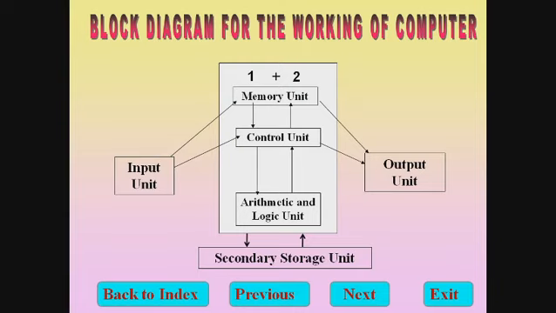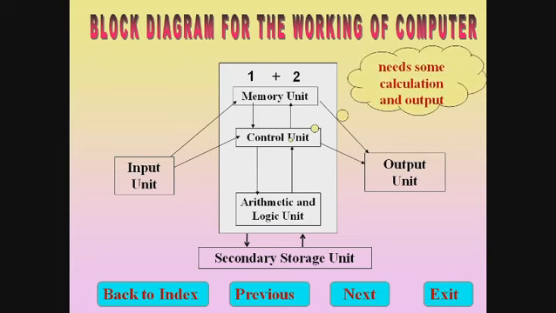When you input something, then the control unit also keeps a check over your input, whether your input needs some calculation or it is just for output. Here it needs some calculation, so your data and instruction are passed to your arithmetic and logic unit, and at the same time it is passed to your output unit also, because there is a concept of echo printing.